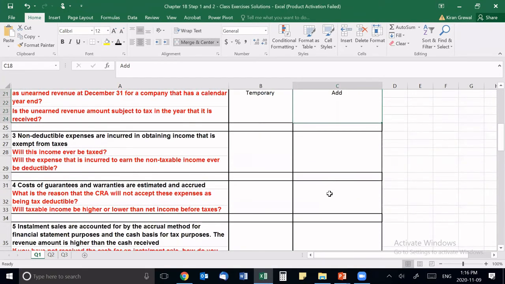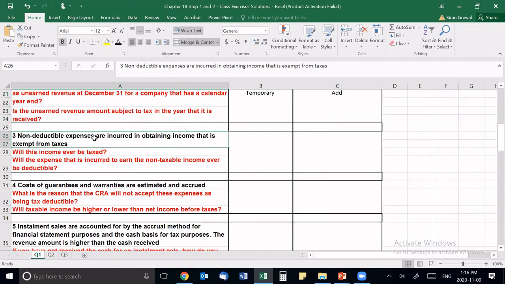Next one, non-deductible expenses that are incurred in obtaining income that is exempt from taxes. Okay, so non-deductible expenses, so they are incurred in obtaining income that is exempt from taxes. So it's already telling you that it's exempt from taxes. We can't deduct this for tax purposes, but it was incurred in obtaining income. So IFRS and ASPE say you can expense this for accounting income.